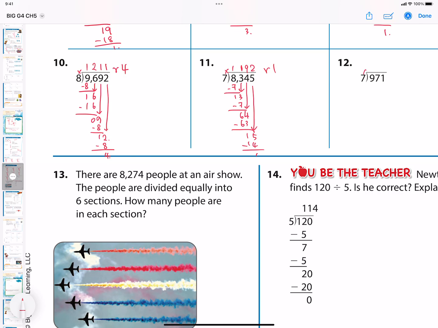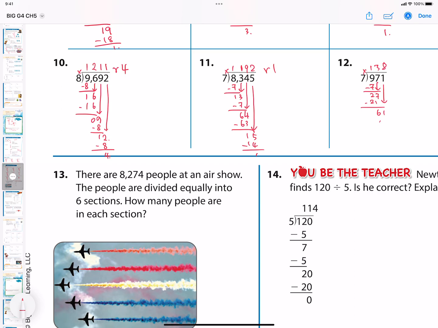All right, number 12. 7 times 1 is 7. Take away 7 is 2. And bring this 7 down, it becomes 27. And 7 times 4 is 28, which is greater than 27. So you need to go for what? 7 times 3, which is 21. Take away 6. Bring this down, 61. We know 7 times 8 is 56.